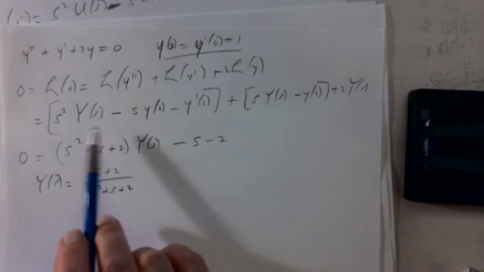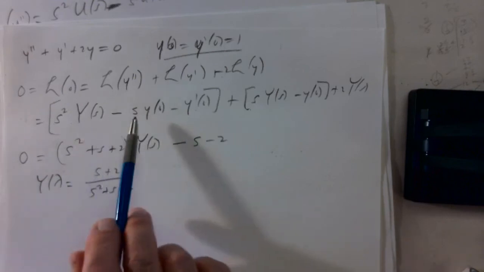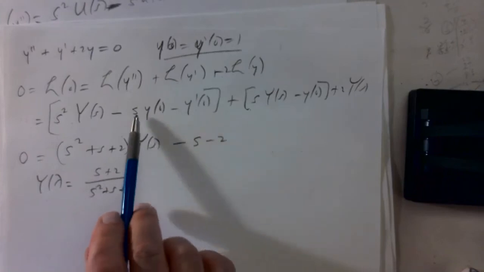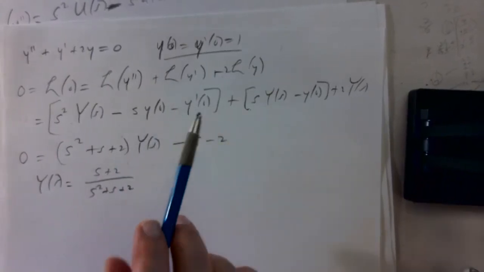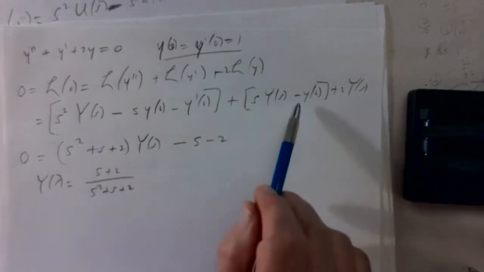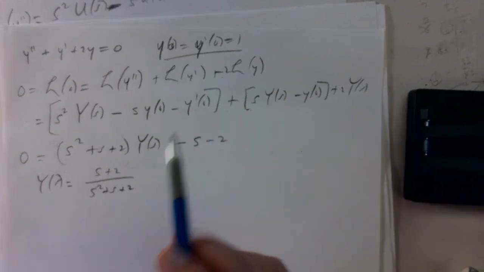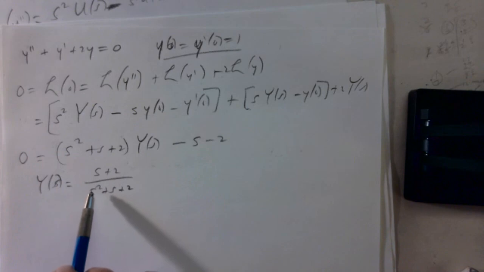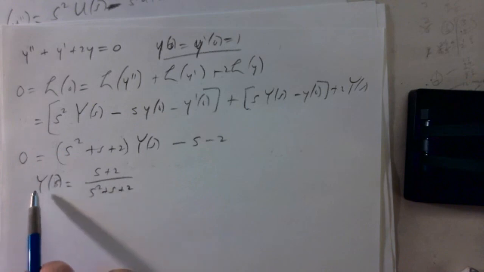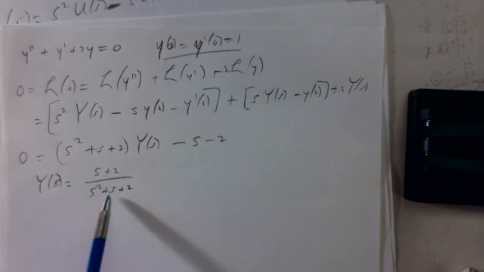Then just double check: Y of s minus s y of 0 minus y prime, so minus 1 minus 1 minus 1. Well, looks okay. So what this says is that the unknown function y, the solution of this differential equation, has a Laplace transform which is equal to this.